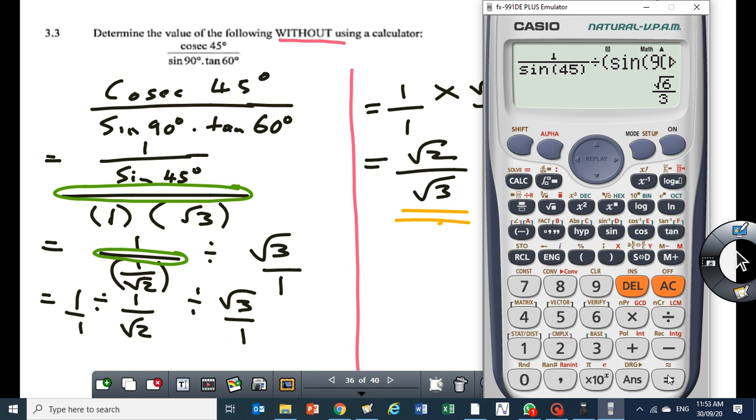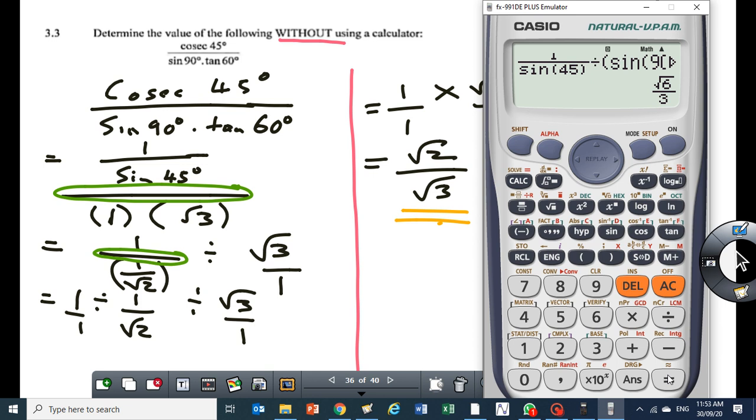So if you don't put the sine 90 and the tan 60 inside brackets, you know what your calculator will think? It will think that the answer you get from 1 over sine 45 is going to divide sine 90 first. It follows what? BODMAS. So put the sine 90 and the tan 60 inside brackets.